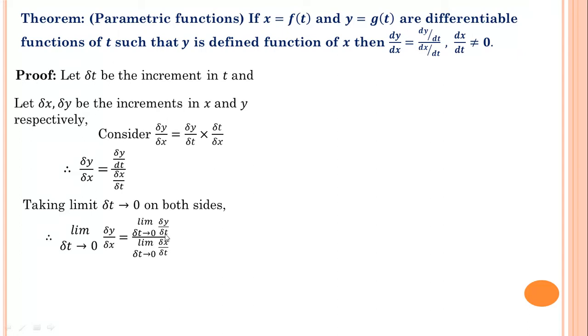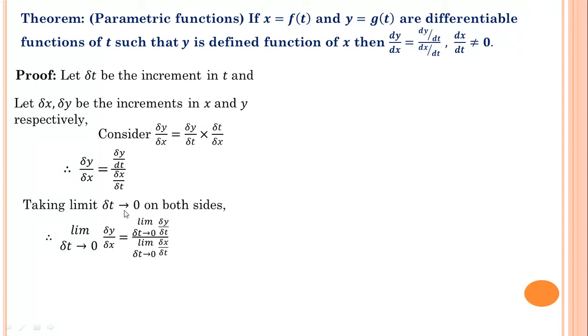Now see here, denominator is delta t and limit is delta t tends to 0. Here also denominator is delta t and limit is delta t tends to 0. But here in this case, the term is delta y upon delta x. Here denominator is delta x and limit is taken on delta t tends to 0, as we have taken the limit on both sides.